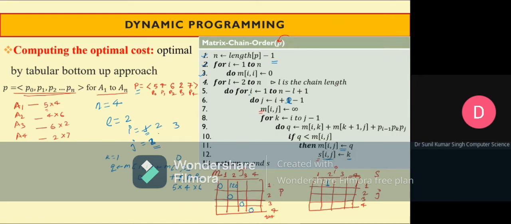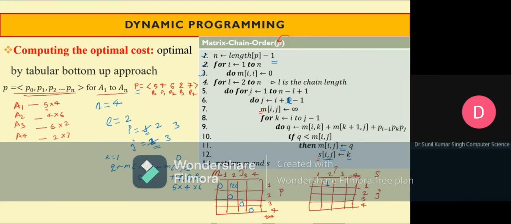So similarly, when we compute like this, for I is equal to 2, what will be the value of j? Value of L is already given, 2 plus 2, 4 minus 1, that is 3. So j is 3 now.